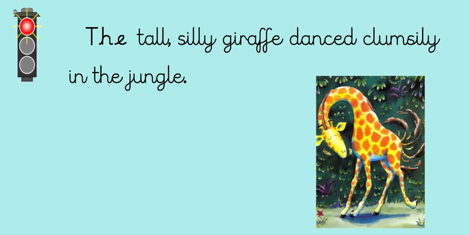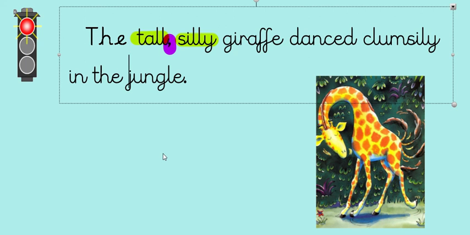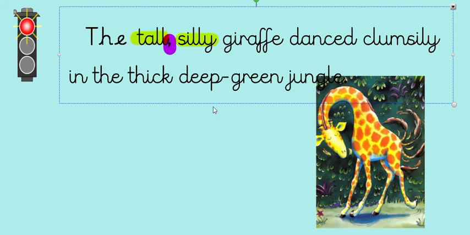Okay, so children, I've got the tall, silly giraffe danced clumsily in the jungle, full stop. And as you can see, children, I've got two adjectives. And what do I have in between my adjectives? A comma. You're right. The tall, comma, silly giraffe danced clumsily in the jungle, full stop. I could even add some adjectives in to describe the jungle. In the thick, deep green jungle.